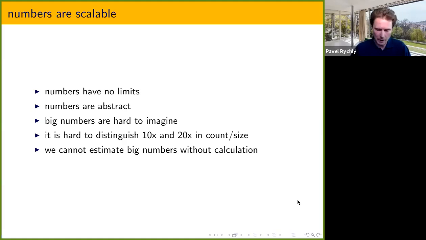So if we have to estimate the size or the count, and we don't do the calculation, the estimations are quite poor, because it's hard. So in practice, we have to do some calculation to work with big numbers.